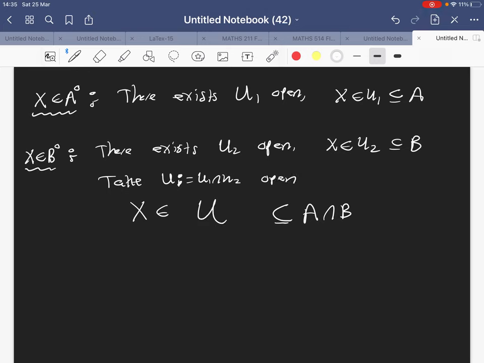So X will be in U, and of course U will be a subset of A intersection B, which means X is in the interior. And that's exactly what we want to prove in part 2.